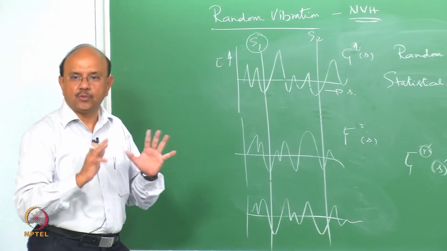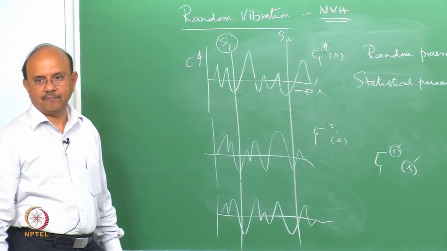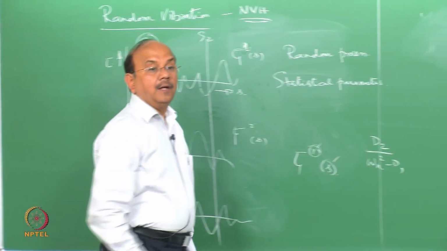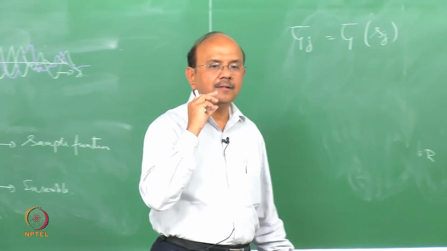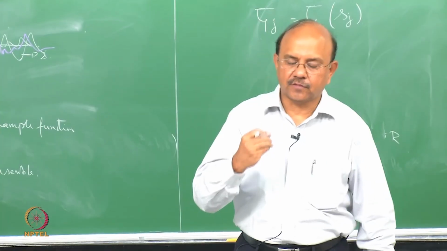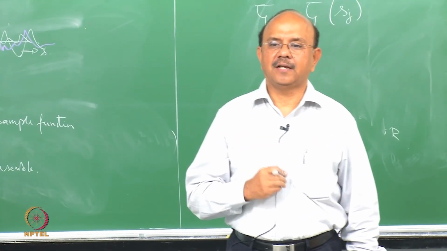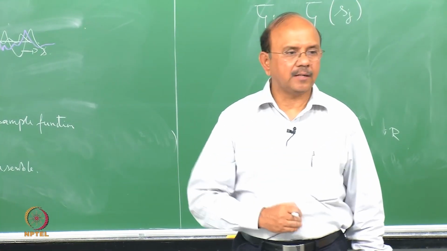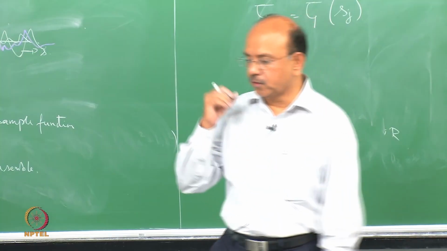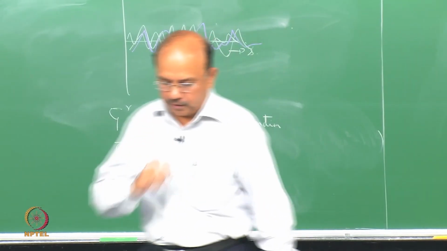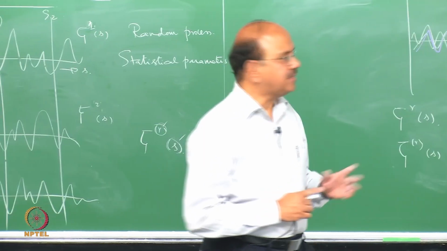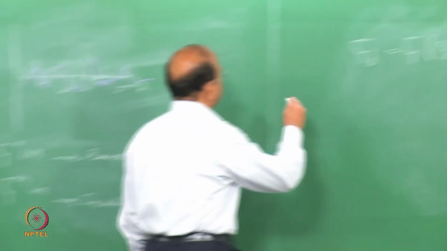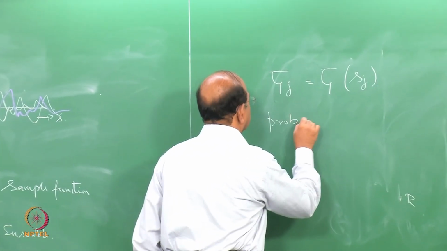So these are the two things I'm going to study. I'm also going to look at certain important characteristics of random processes, like whether it's a stationary random process, and whether it is going to be what is called ergodic. Let us now introduce what is called the probability density function.